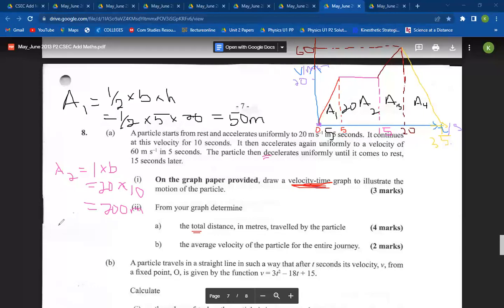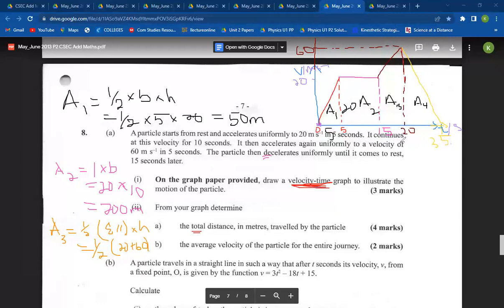Next one, A3. What shape is that? Trapezium. What's the area of a trapezium? It's a half by the sum of the parallel sides multiplied by the perpendicular height. Substituting values, that's a half multiplied by my parallel sides. I'm looking at this and this. The length of this is 20. This entire length goes from 0 to 60, so that's 60.